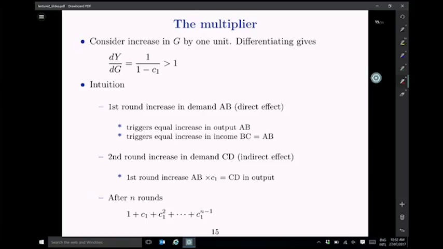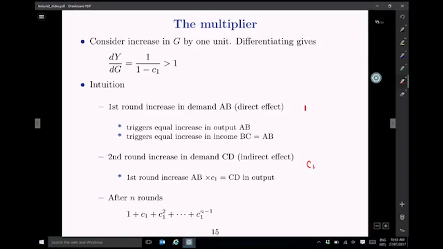That's exactly what's written down in this slide. That is, there will be many rounds of impact. The first round is the increase in government spending gives you 1 extra output, and that translates to 1 extra income and 1 extra disposable income. That will give you C1 extra in consumption. That second round is this C1. The first round is the direct effect as 1.